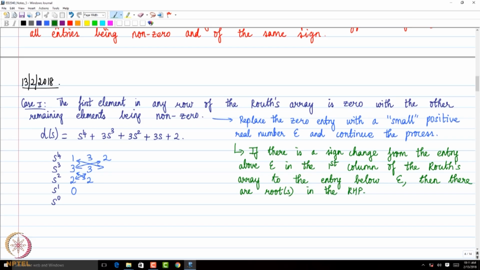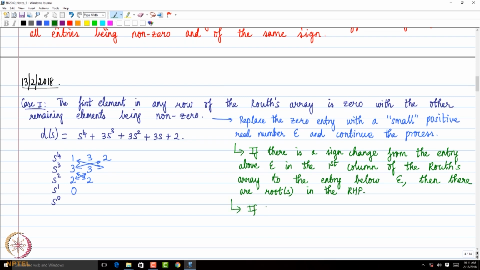That is the implication. For example, if the entry above epsilon is positive and the entry below epsilon is negative, then there are roots in the right half plane.